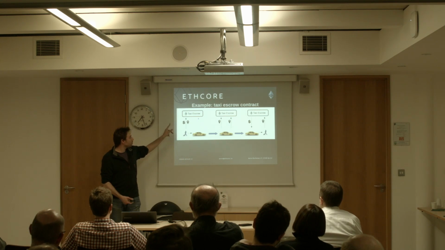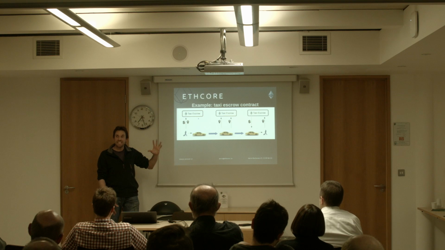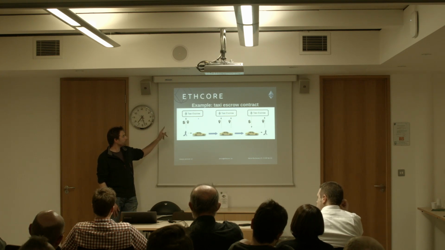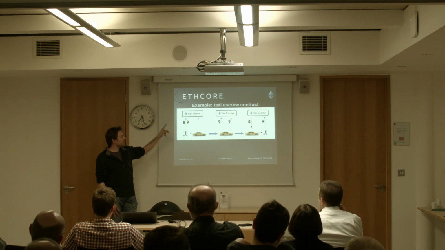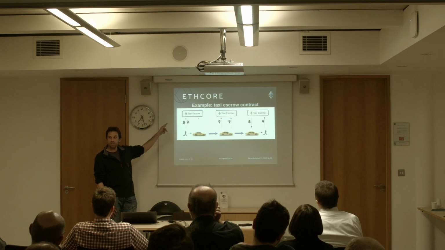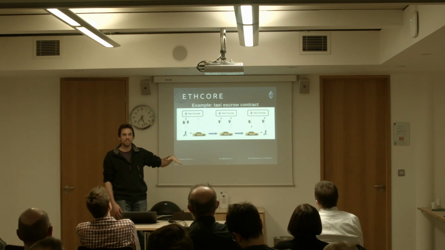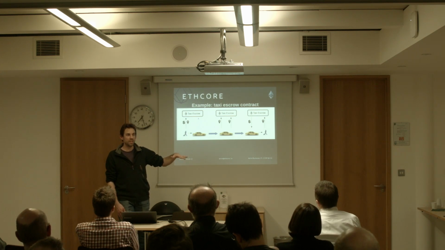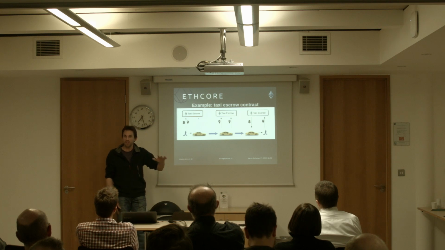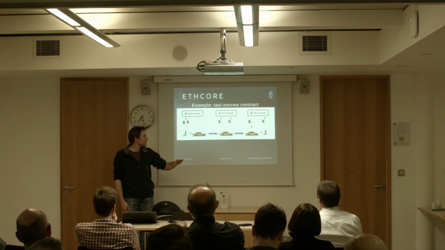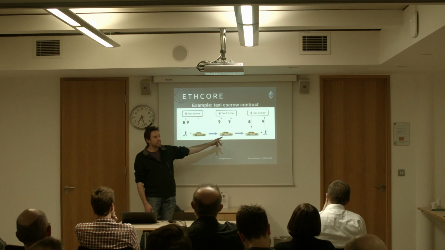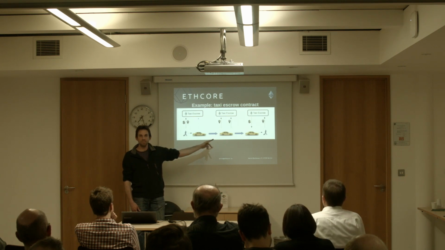Because the world computer does guaranteed computation, the taxi driver can be assured that if the program behind the escrow says that the money can only be released under certain conditions, then the money can only be released under those conditions. And the conditions would be that you've arrived at your destination.